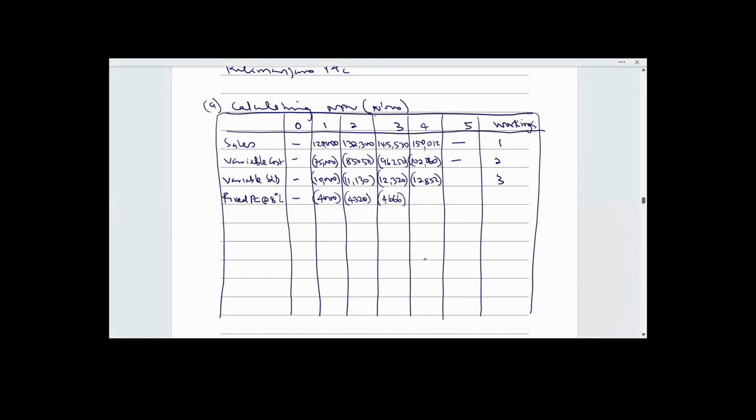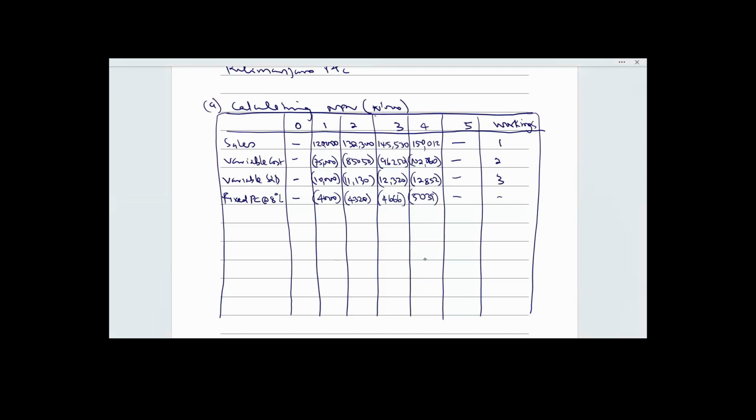What you have in your calculator, multiply by 1.08 equals 5,039. I'm done with this.